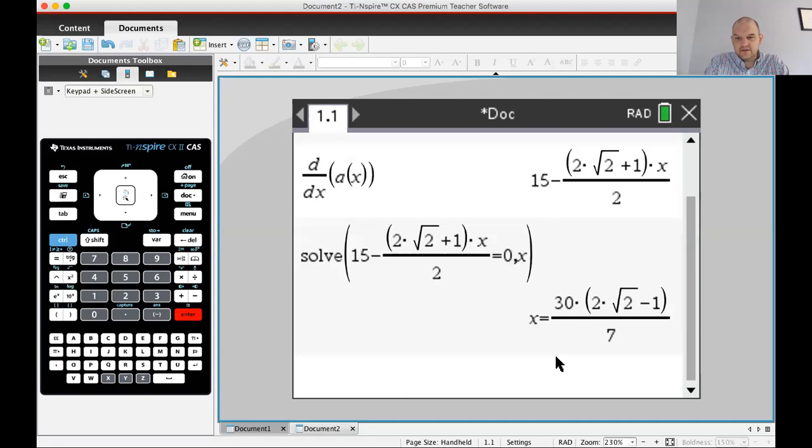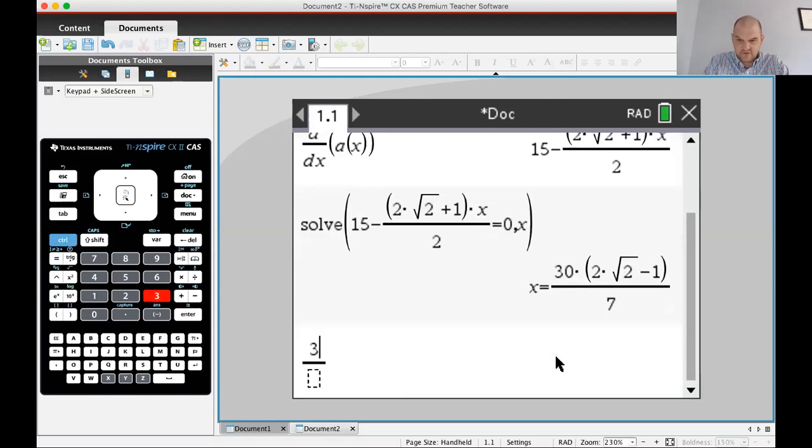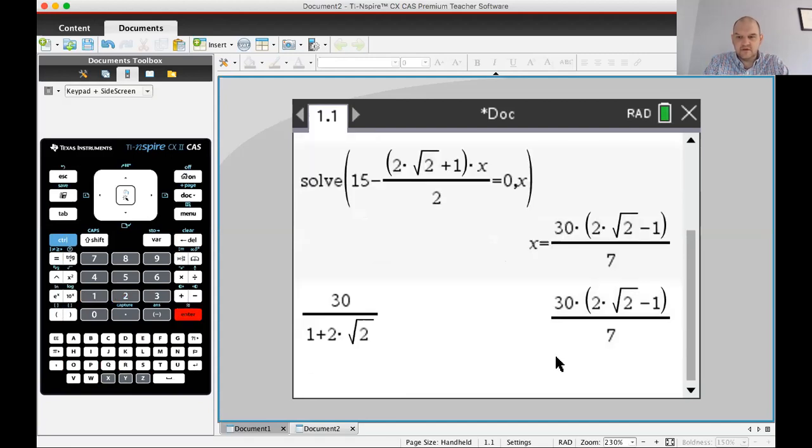And we got, that is a very different looking answer than what I got. But I think what happened is the calculator rationalized. Maybe. Let's see what our answer was. 30 over 1 plus 2 square root of 2.